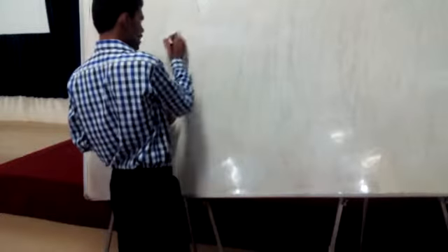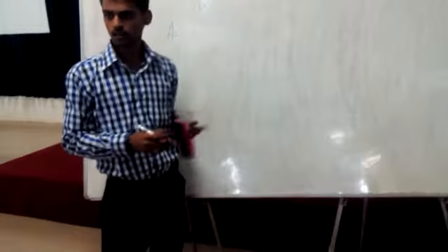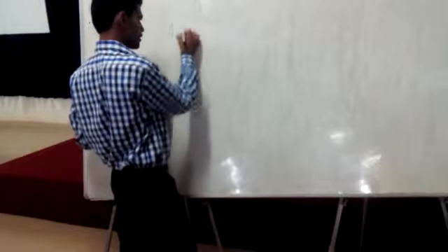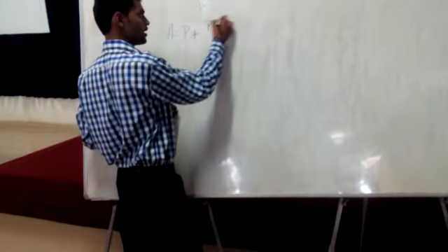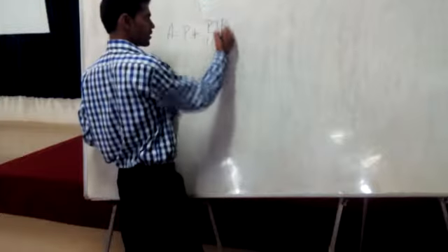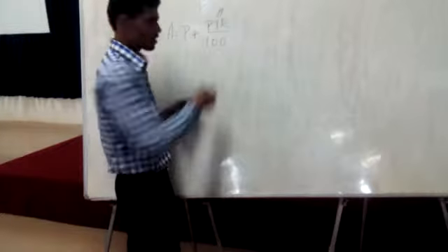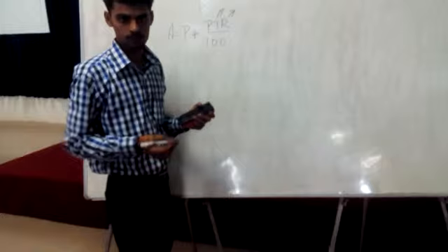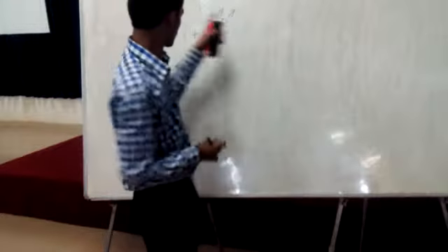We have simple formulas for this. I would prefer to use the formula for amount for both of these instead of the formula for simple interest. Amount by simple interest is principal plus PTR by 100, where time is in years and rate is interest percentage per annum.